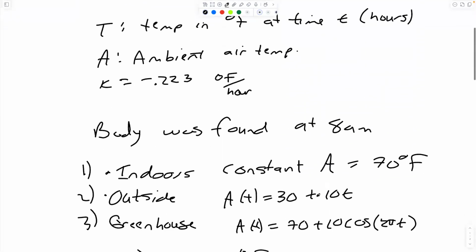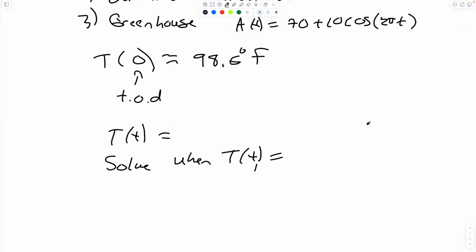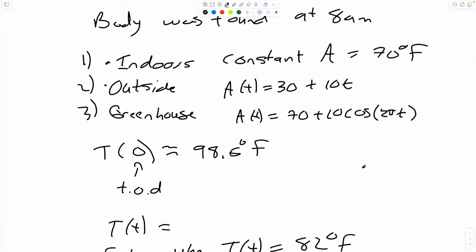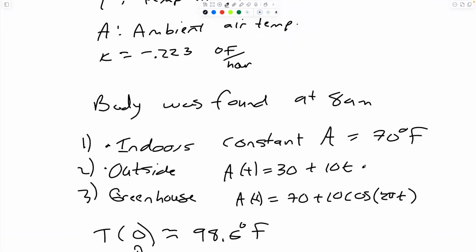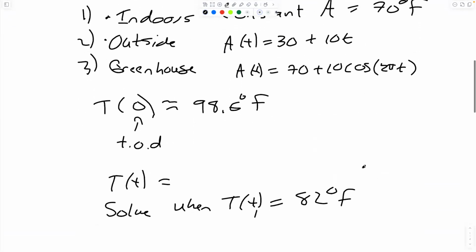Oh, we haven't said yet. Let's say 82 degrees Fahrenheit. Yeah, I think this will work.